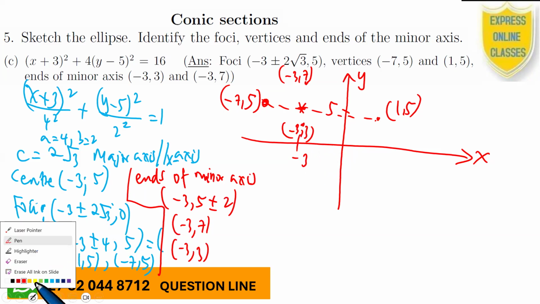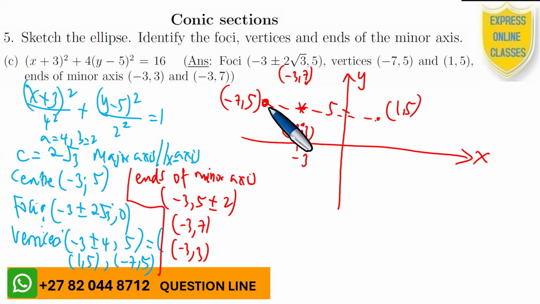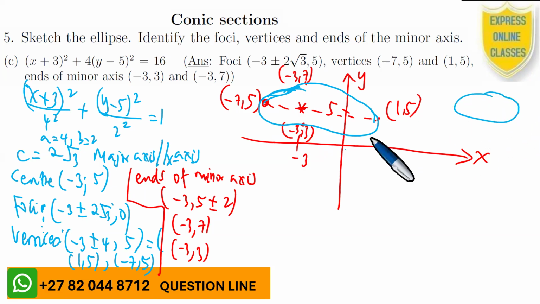So this is a sort of graph. And then where do we see the foci? This is the sort of shape that you're going to get. It's like this, of course.